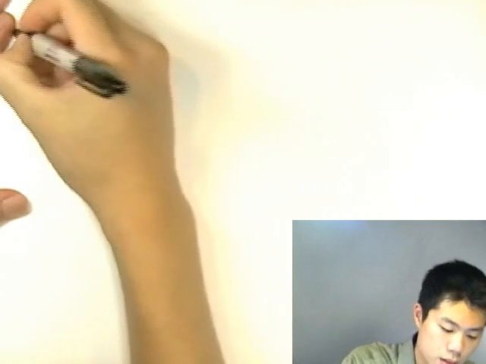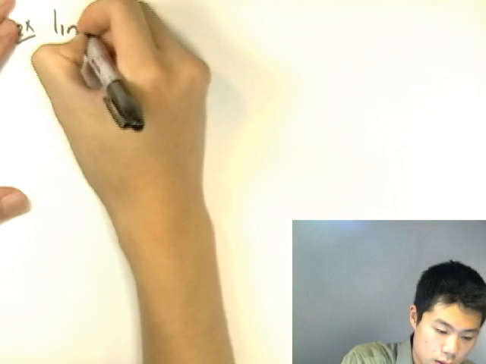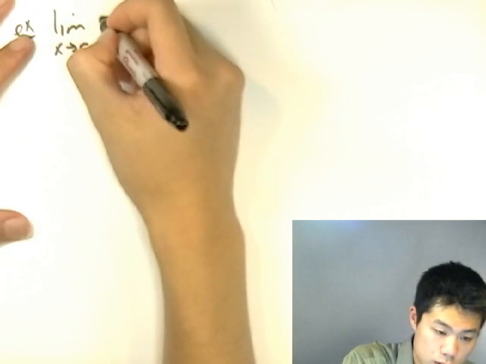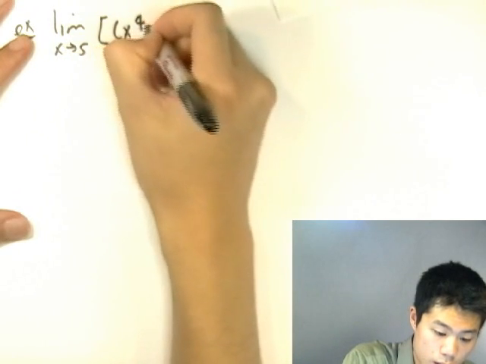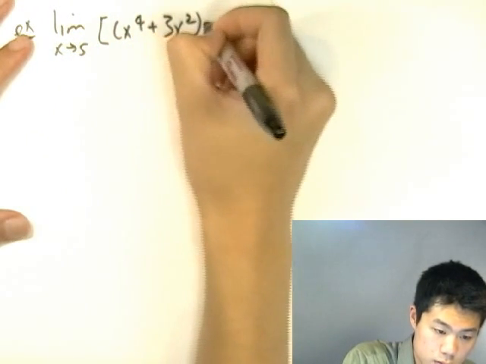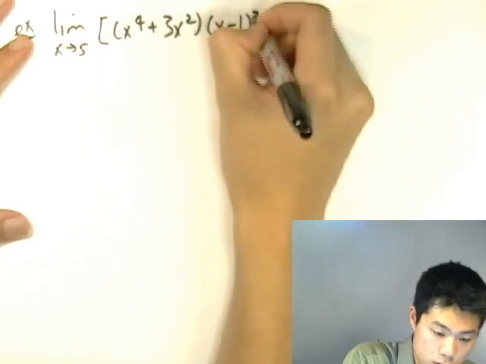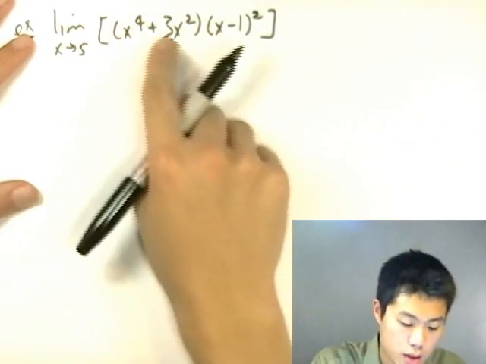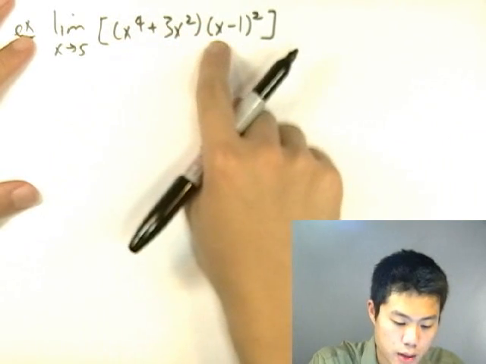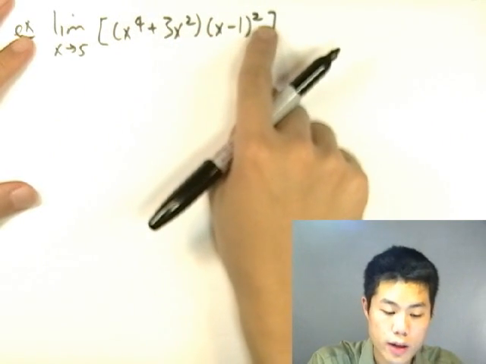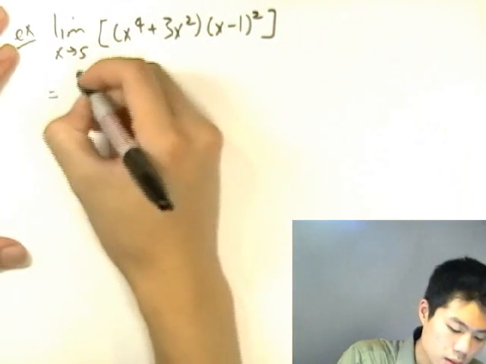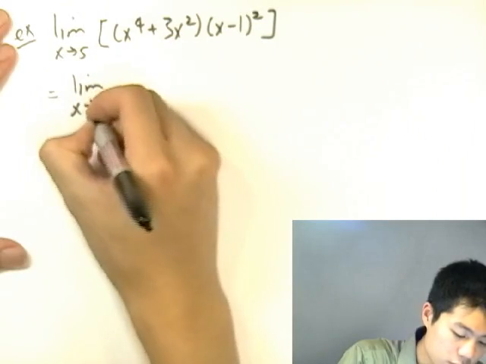With all these properties, hopefully you're not too surprised by them. So let's do a quick example: the limit as x approaches 5 of x to the 4th plus 3x cubed, entire thing, times x minus 1 squared. Let me do this quickly; you can just follow along on the screen.